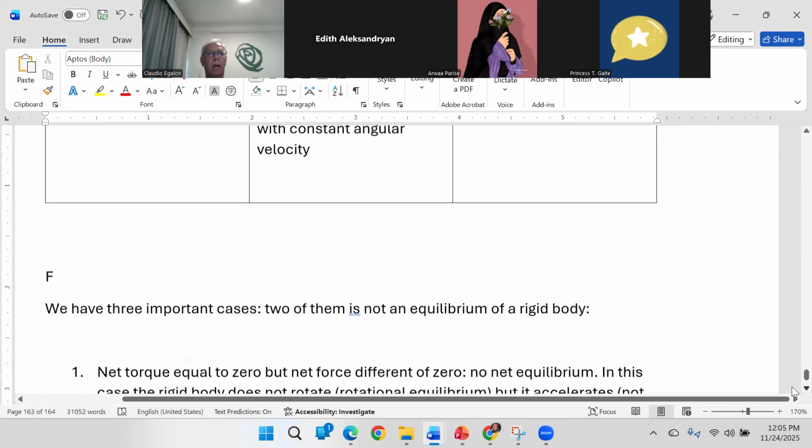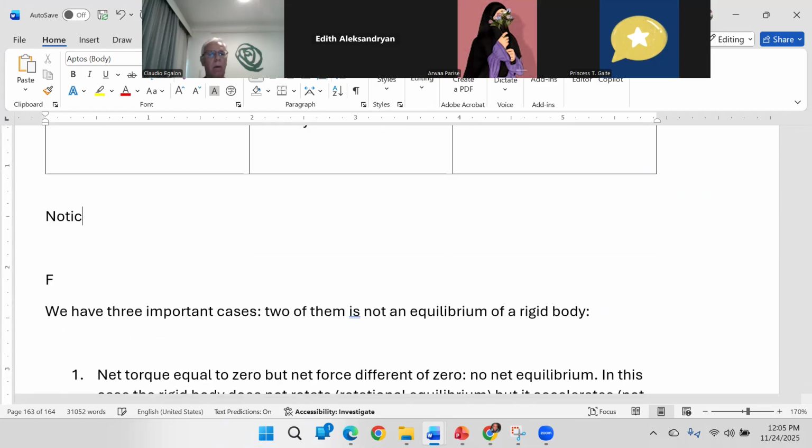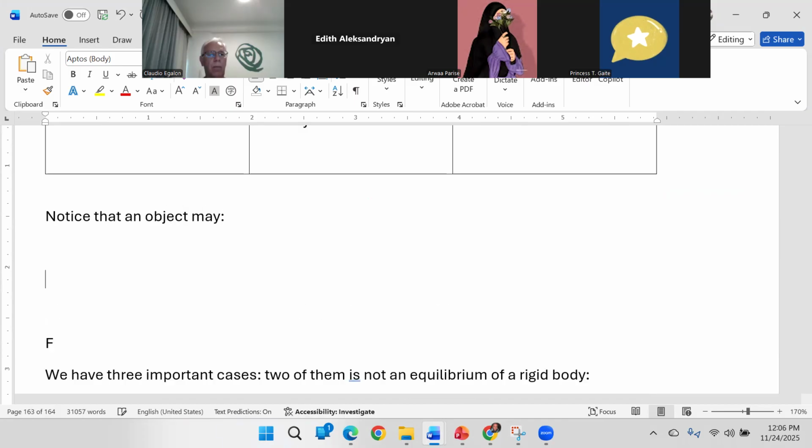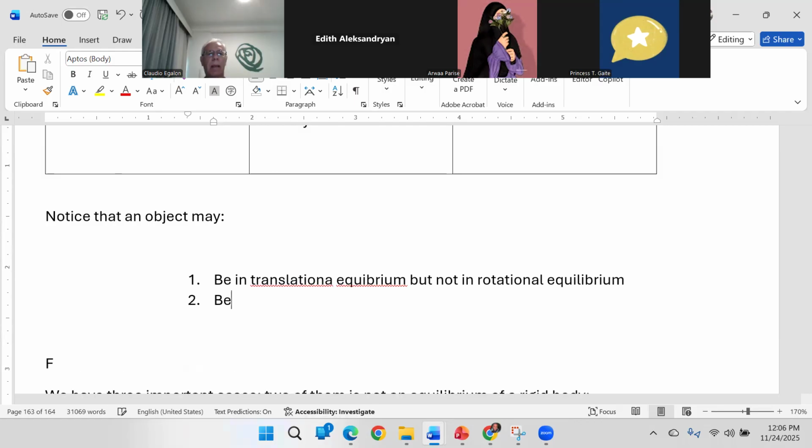Note C: an object may, one, be in translational equilibrium but not in rotational equilibrium; or be in rotational equilibrium but not in translational equilibrium.